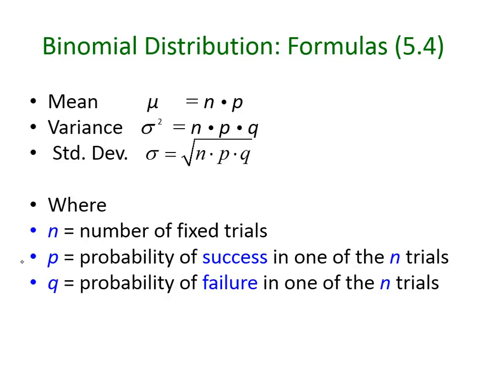Because if we're going to find the mean, then all we have to do is multiply n, being the number in that population, that sample, times the probability of success. If we're talking about the classroom, finding the probability that we're looking for a male, that probability stays consistent as you do things.